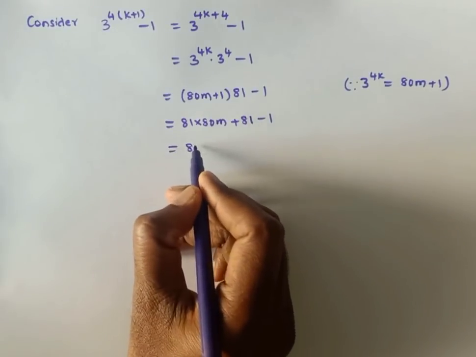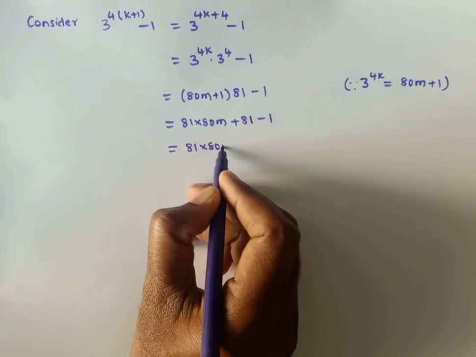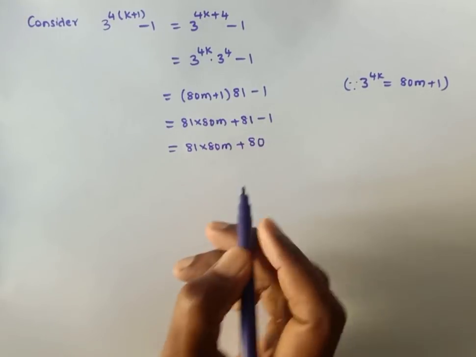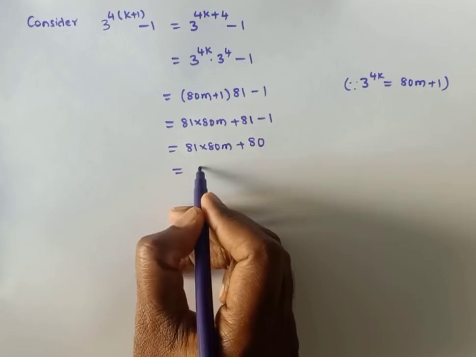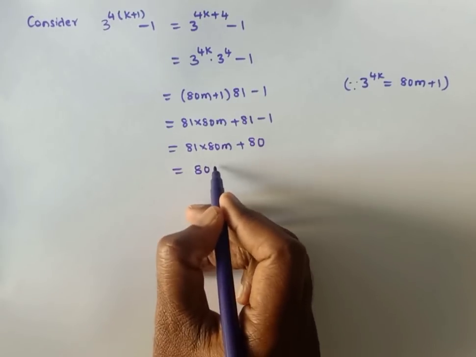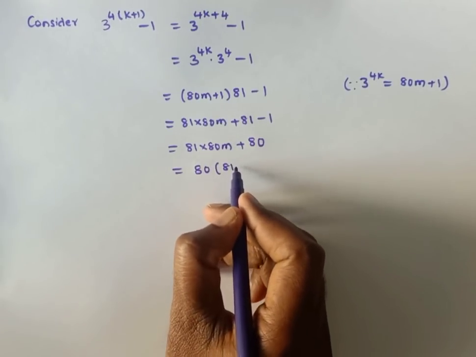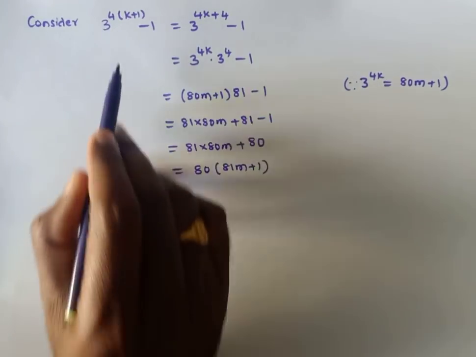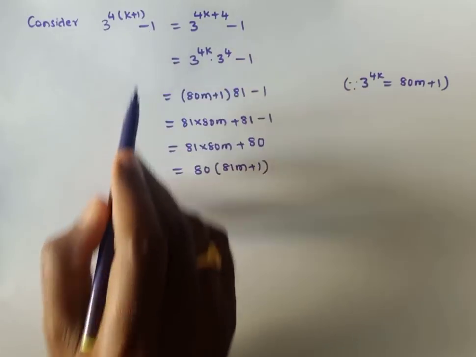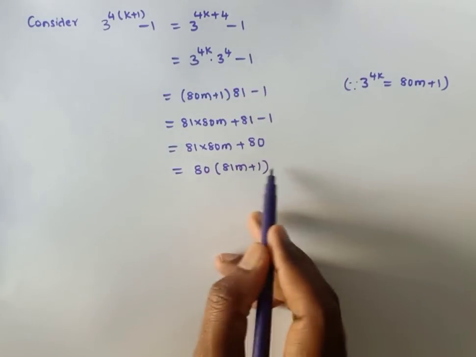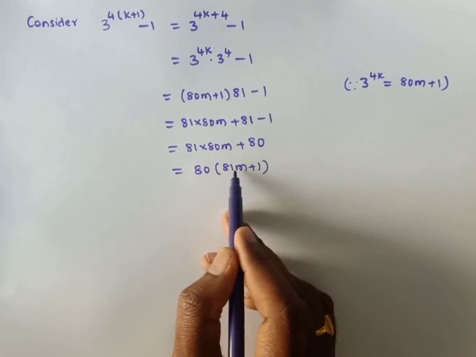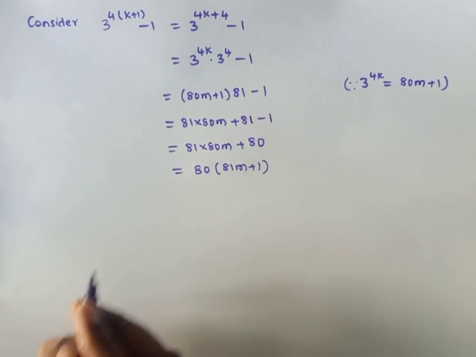So finally this is 81 into 80m plus 81 minus 1, which is 80. Here 80 is common. Now it is 80 into 81m plus 1. So 3 power 4 times k plus 1 minus 1 is 80 into some natural number.